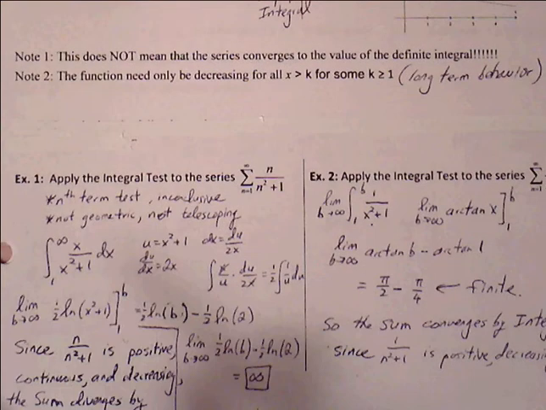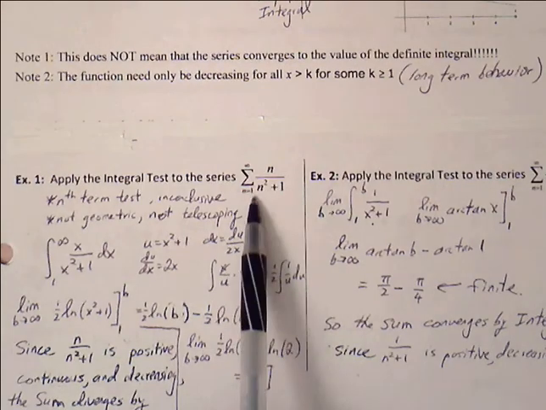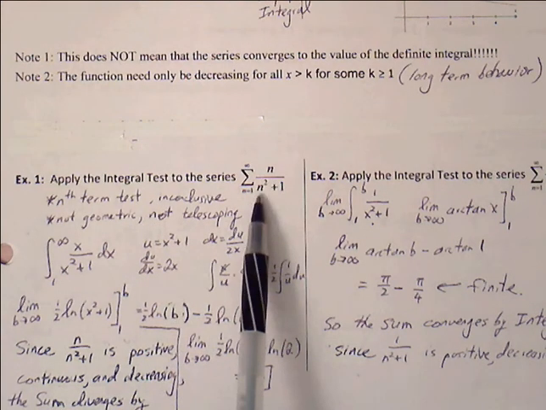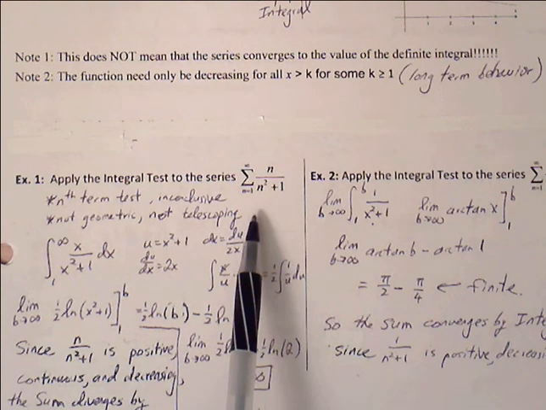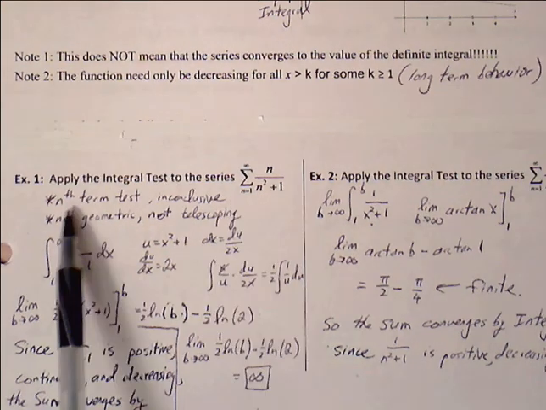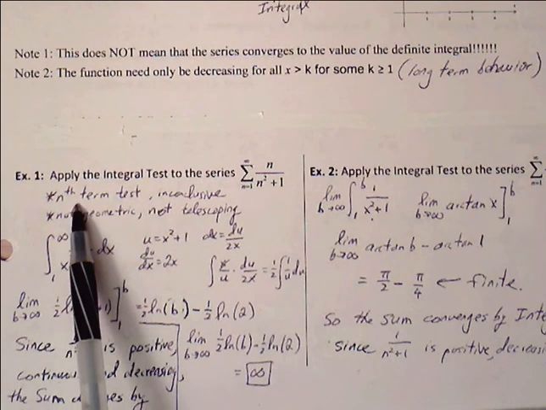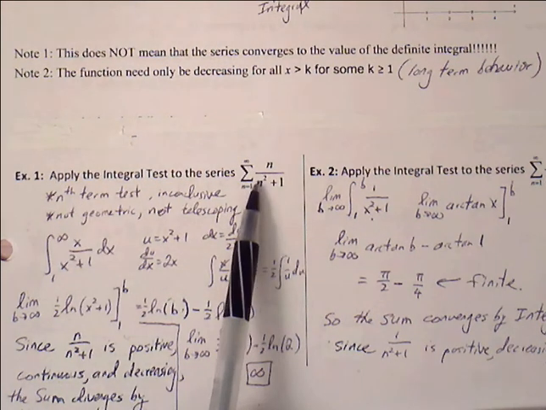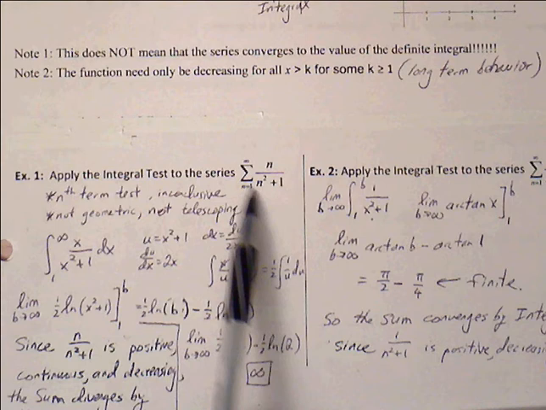We're going to look at this series, the summation of n over n squared plus 1. Now this says apply the integral test, but we're going to go through our list of tests in order. So the first thing that we always do is the nth term test for divergence. If you look at this, we find the limit of this rule of sequence.